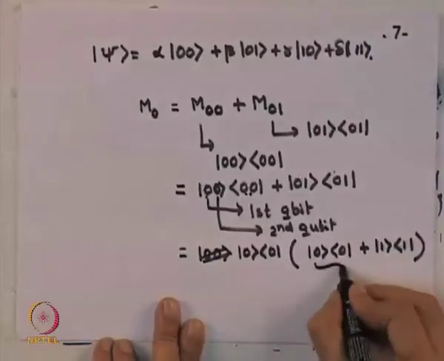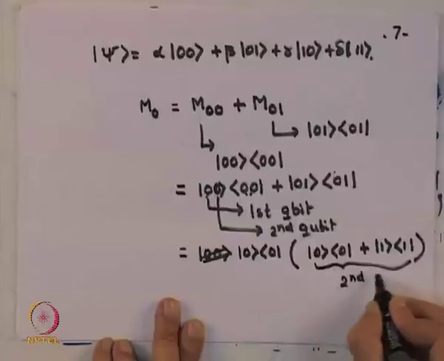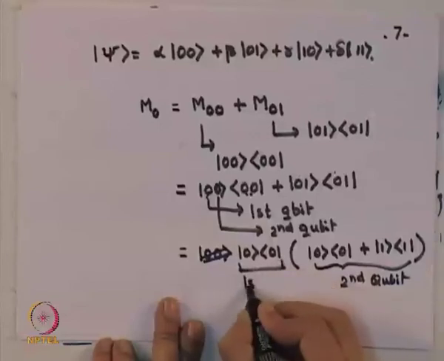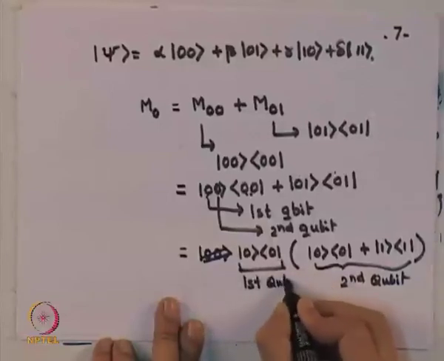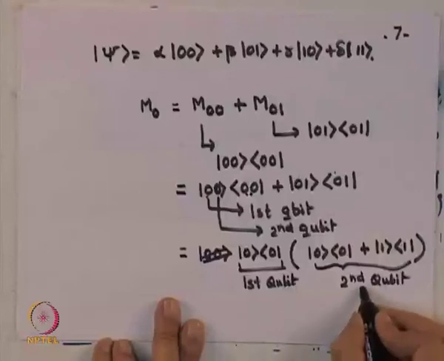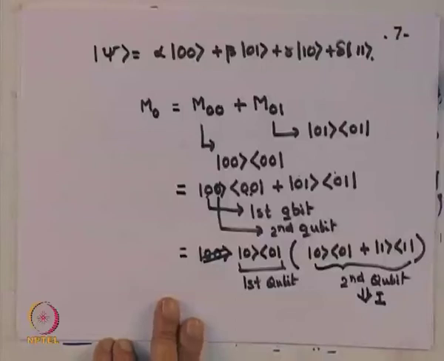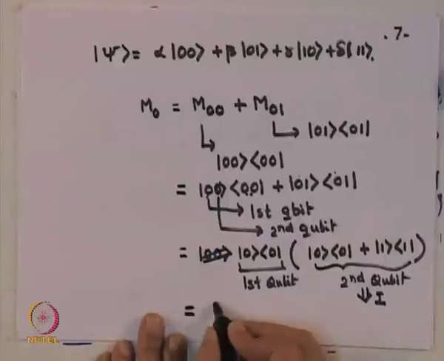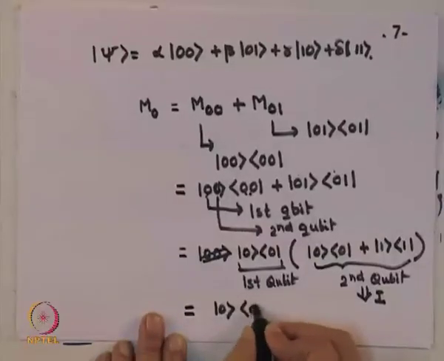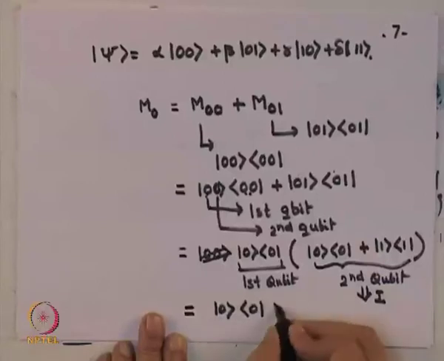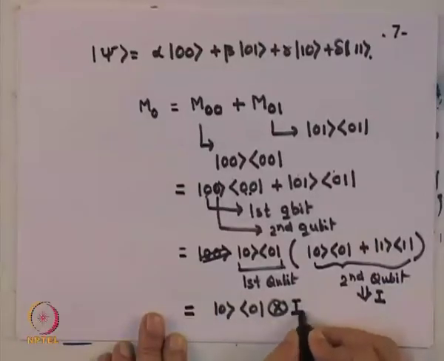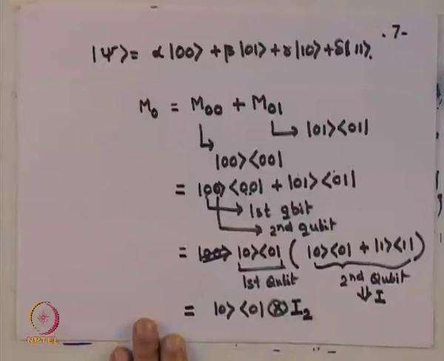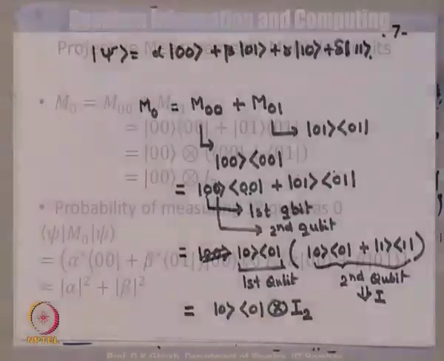So this is for the second qubit and this is for the first qubit, which is the same in both these terms. But this is nothing but a resolution of identity by completeness. So therefore, this term is |0><0|, let me call it I2, meaning thereby this is the identity operator which acts on the second qubit.